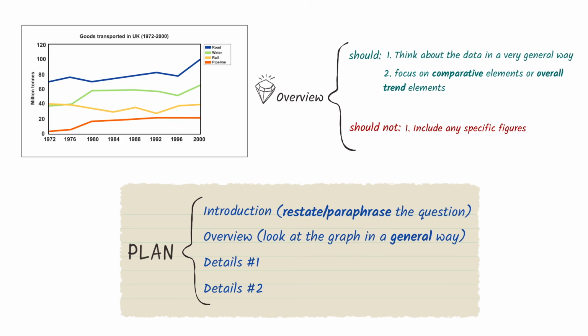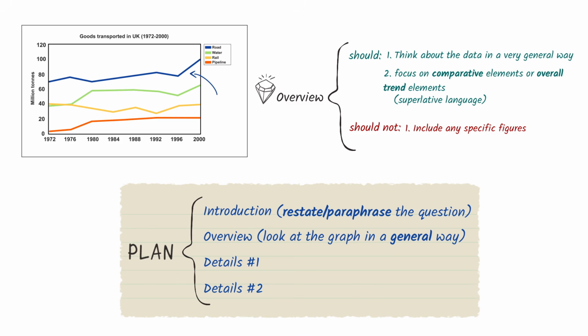So when thinking of comparative elements, it's a good idea to think of superlative language. Superlative language, right? Like, for example, the most or the least of something. So in our graph, you can see the blue line, which, let's say, carried the top here, and it refers to road transportation, all right?